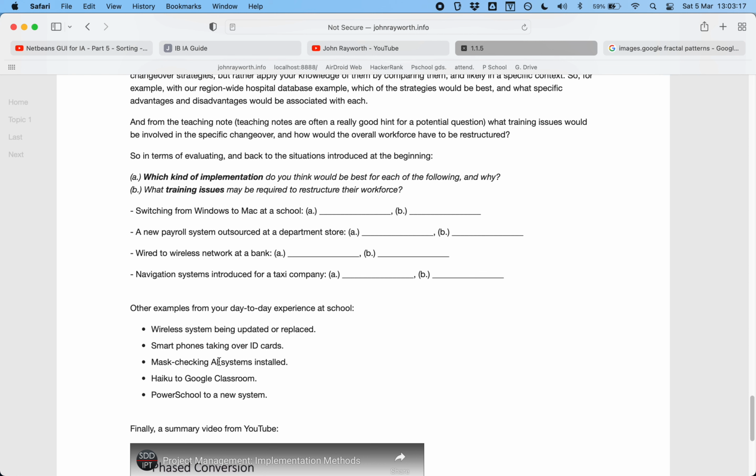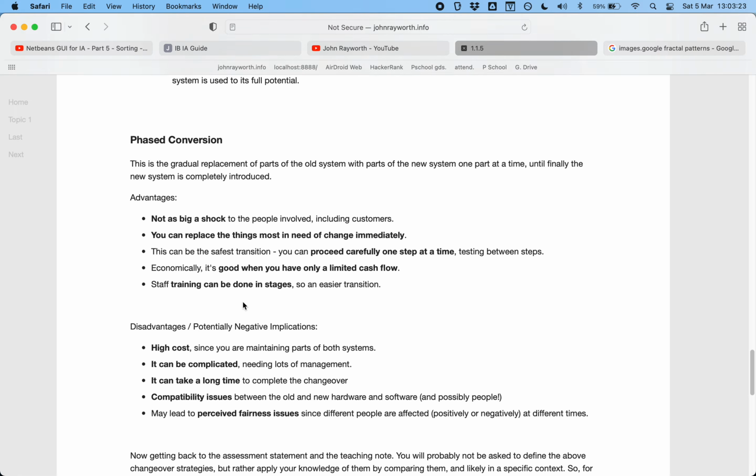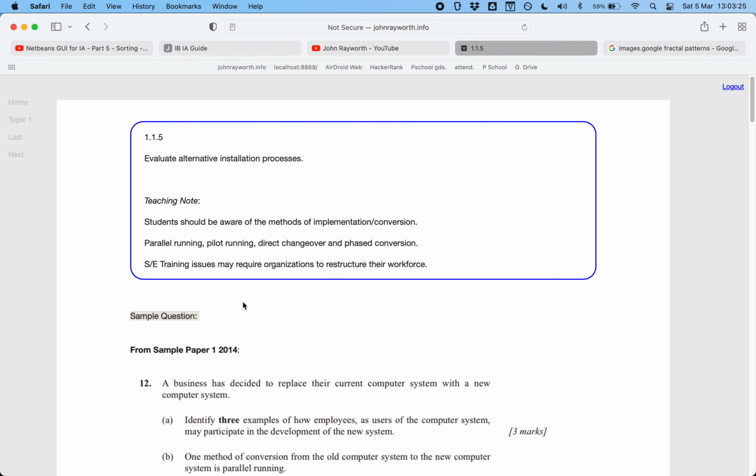So implementing a new AI mask checking system or Google Classroom or any myriad of other big systems, you can go about it different ways. And so that's what this is about. Parallel running, what a pilot program is all about, what the direct changeover method has as advantages and disadvantages, and what it is, and phase conversion.